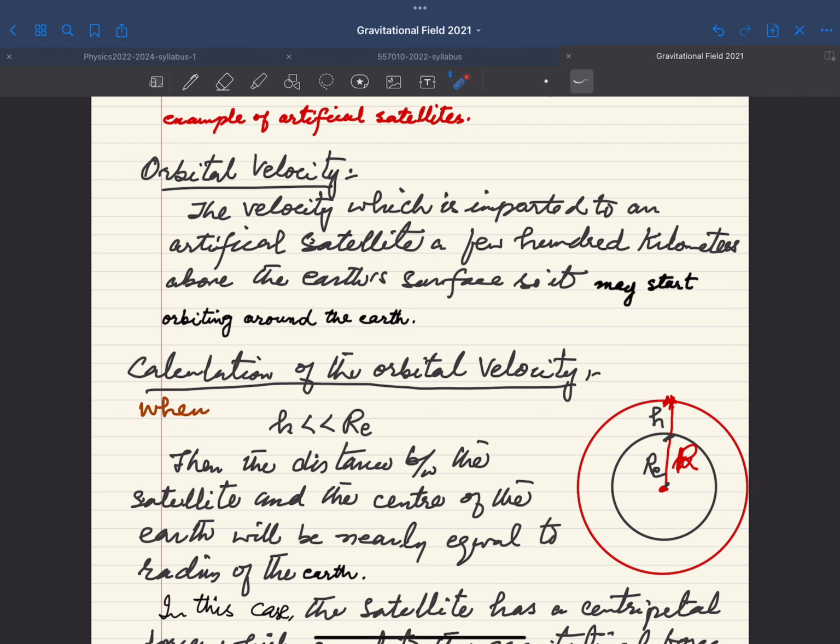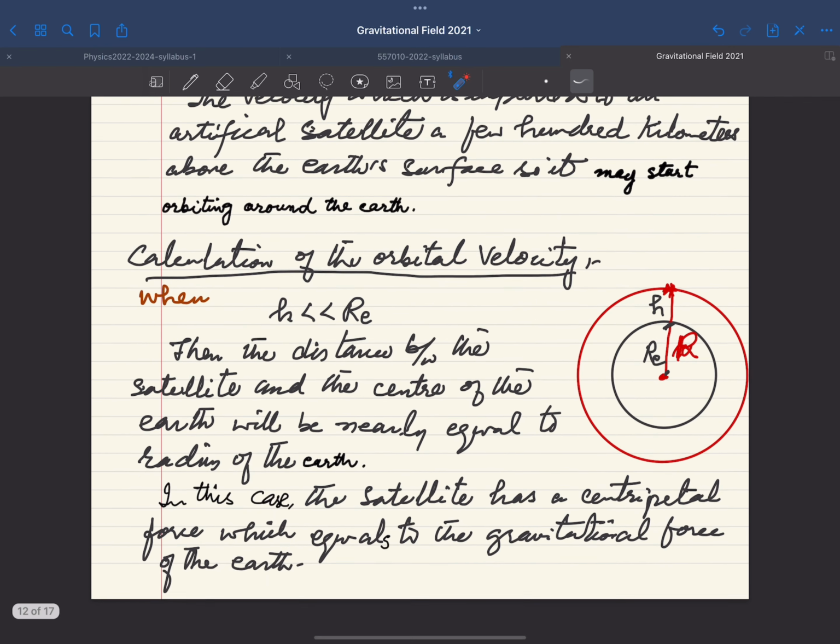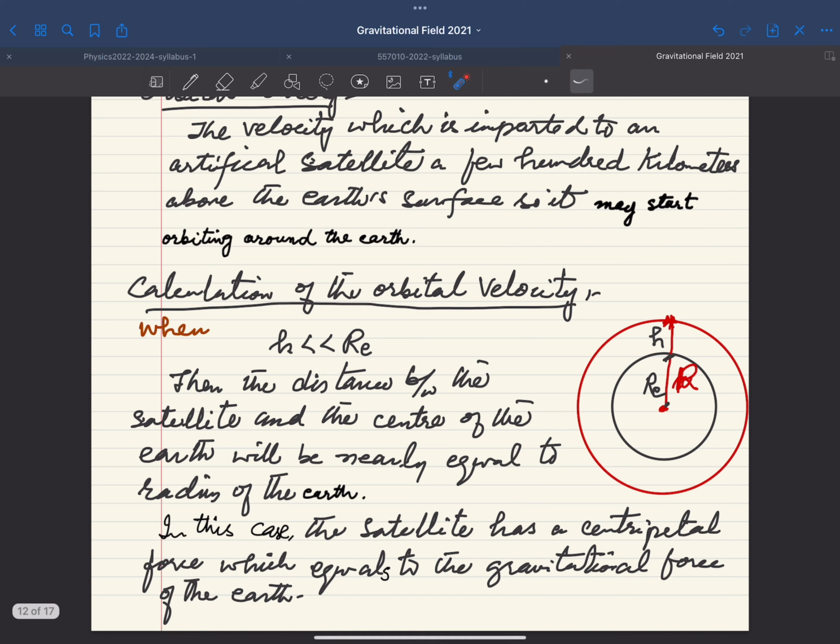How can we calculate this orbital velocity? As we just mentioned, the satellite will not be very far away from the center of the earth, so the height H of the satellite is very small as compared to RE.